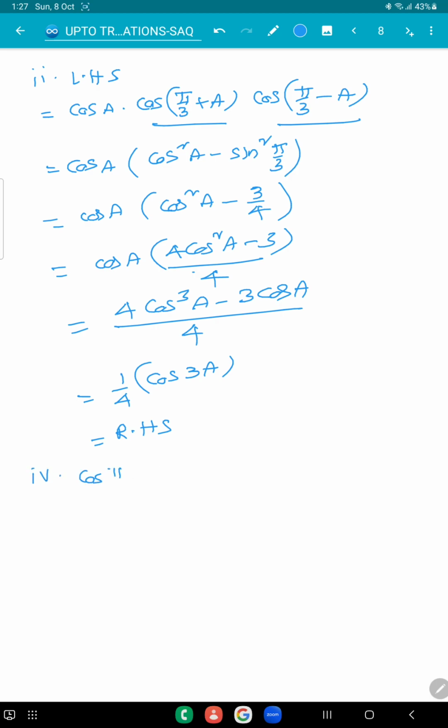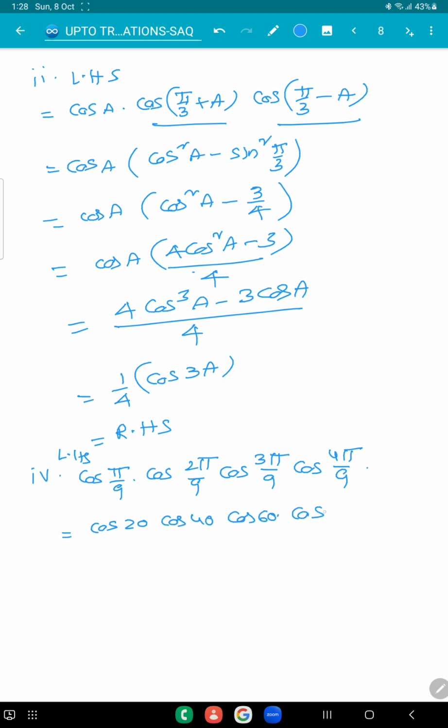Cos pi by 9, cos 2 pi by 9, cos 3 pi by 9, cos 4 pi by 9. Cos pi by 9 is cos 20, this is cos 40, cos 60, cos 80.